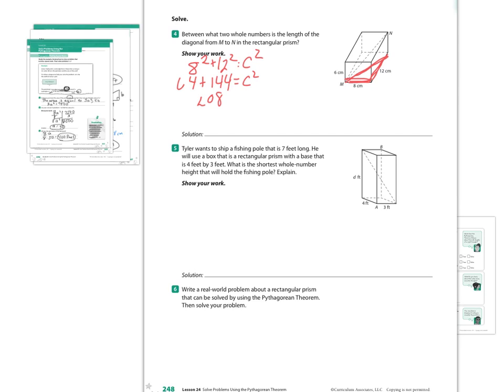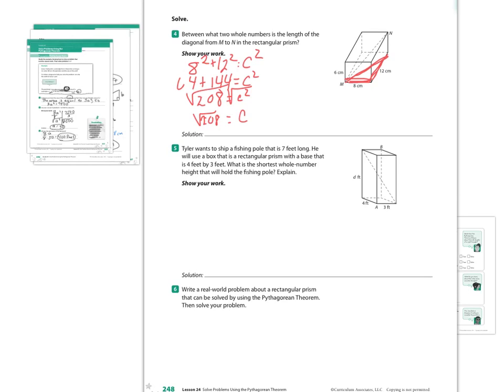Adding those values together, we get 208 is equal to c squared. Once again, to solve a squared equation, we find the square root of both sides. The value of c in this case comes out to be a non-perfect value, not a whole number, so I am going to leave the value of c as the square root of 208. Try and follow with me here.